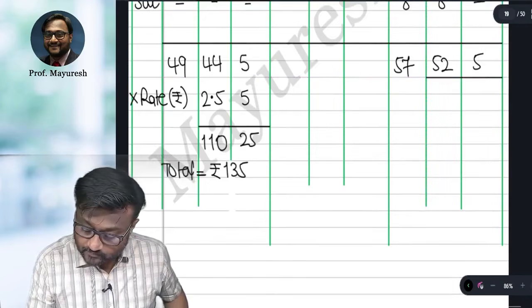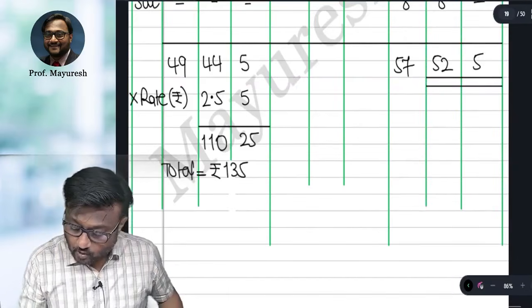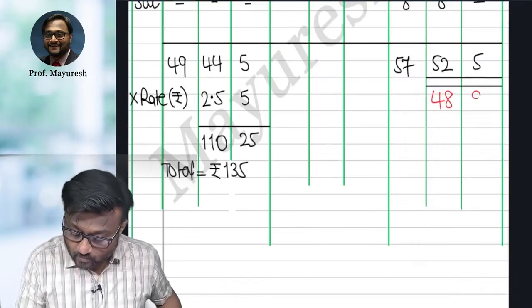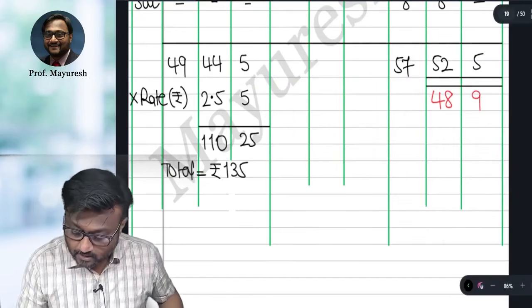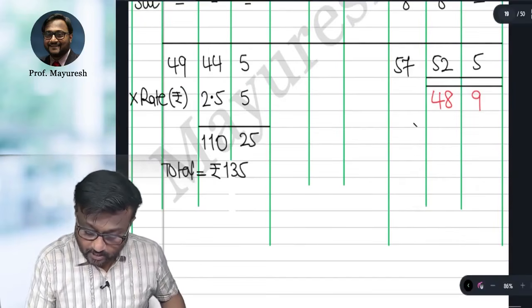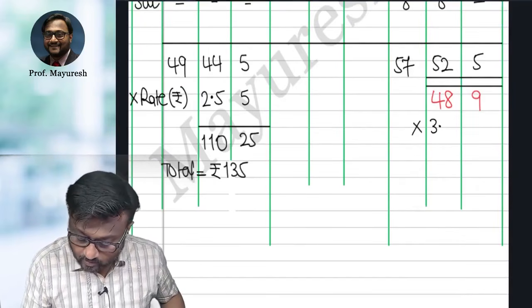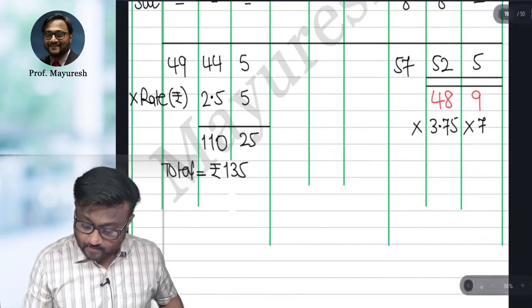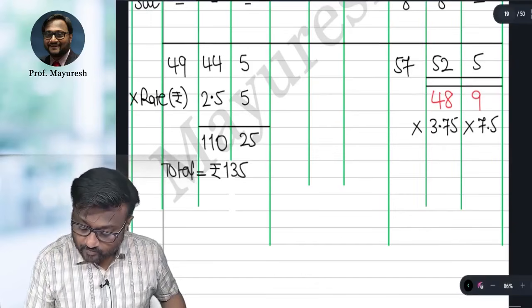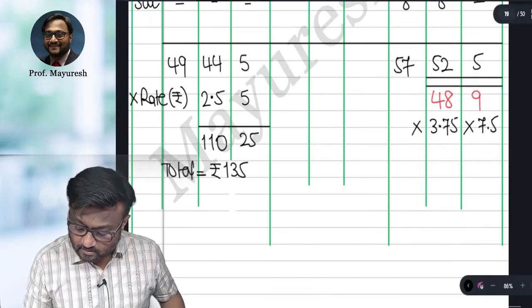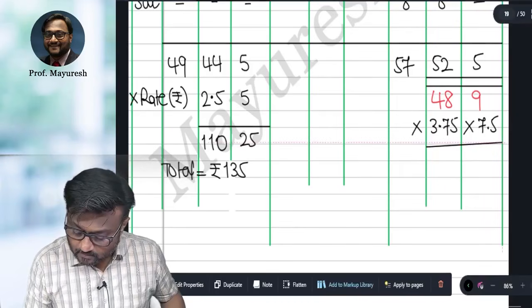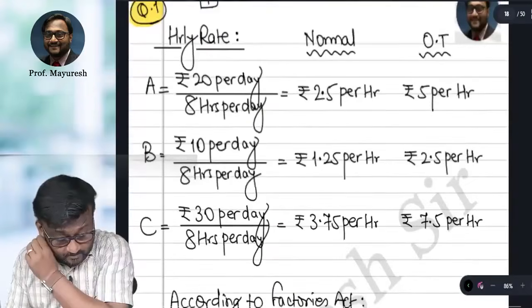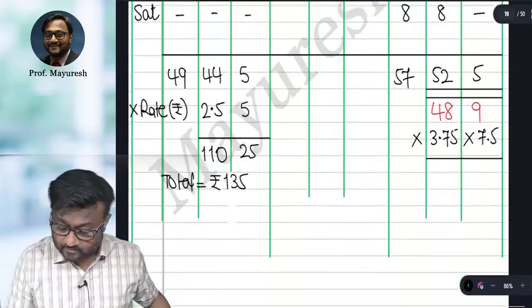Yes, sir. But as far as worker C is concerned, I'm not even going to look at 52 and 5. I'm going to look at 48 and 9, and the rate is 3.75 and 7.5. Am I right? Yes, sir. The rate is 3.75, right? And 7.5.